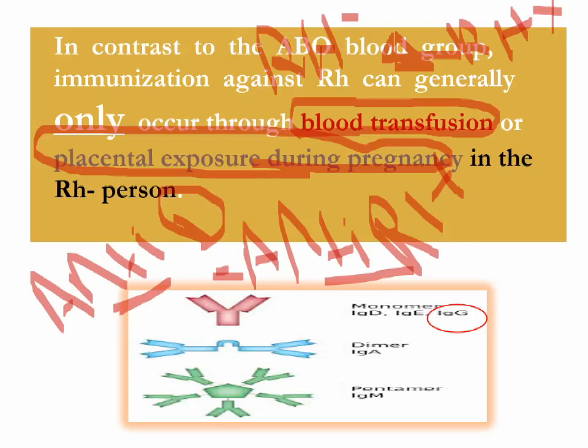And for the second property, the anti-A and the anti-B are pentamer type, which is IgM, very large in size, while the anti-Rh is of the monomer type, IgG, which is small in size.